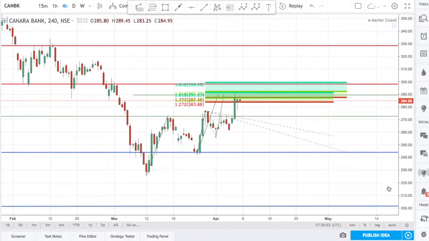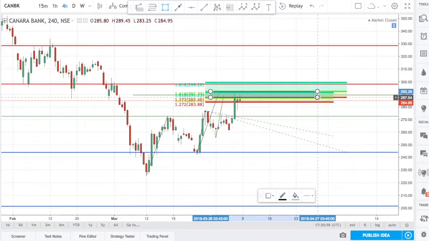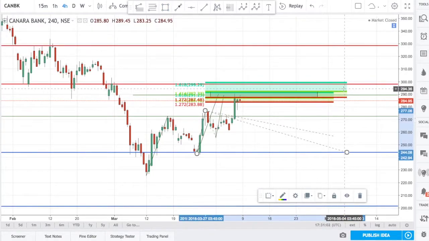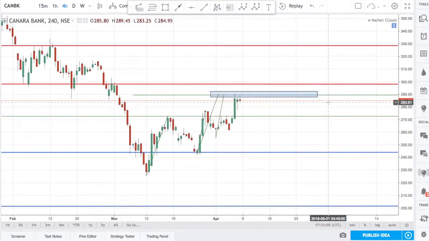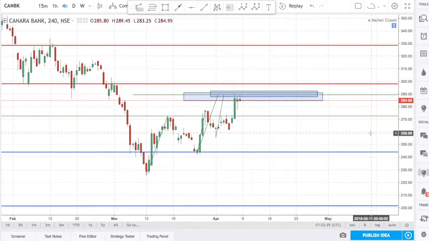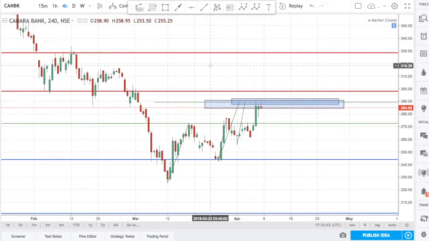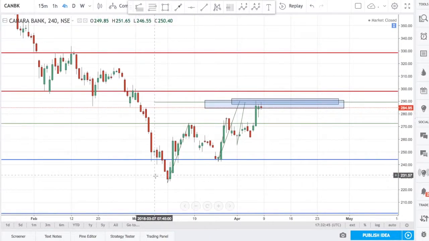Let's draw a zone at this confluence. Okay. Finally, let's take the retracement of this whole move and find where the 0.618 Fibonacci level lies.